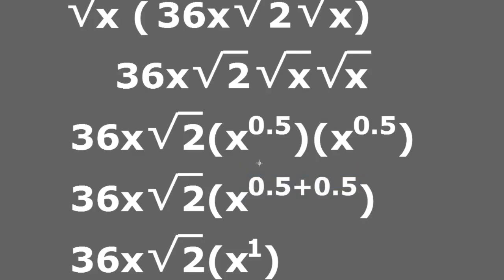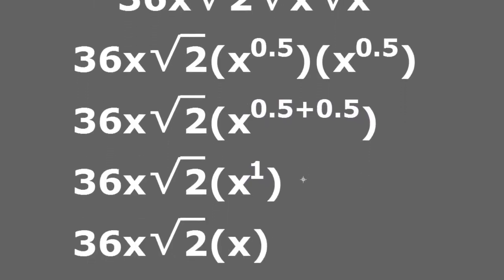So this multiplication becomes x with an exponent of 1/2 from one x plus another 1/2 from the other x, and 1/2 plus 1/2, or 0.5 plus 0.5, is simply x with an exponent 1. And as you know, any number with an exponent 1 is the same number. I don't have to write the exponent 1. It's like multiplication by the number 1. So x with an exponent 1 simply becomes x.